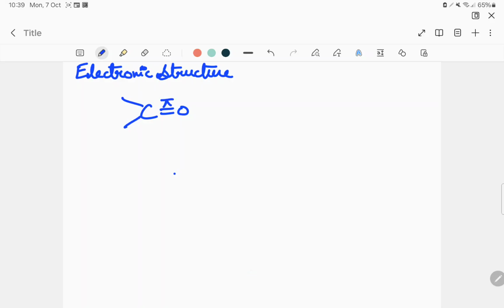Now we will read the electronic structure of the carbonyl group. When we look at the electronic structure, we have C double bond O, which is one pi bond and the other is sigma.